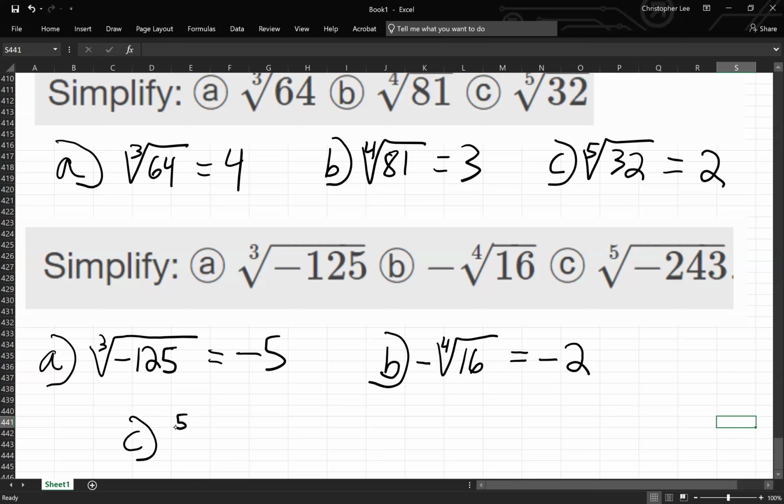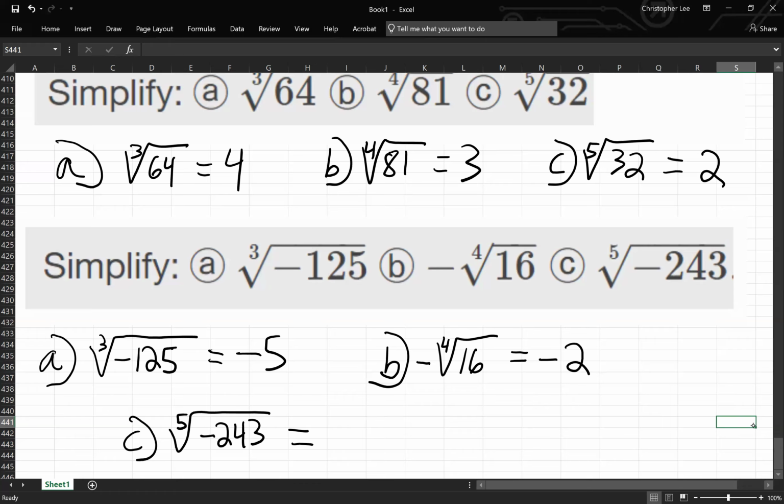All right. How about C? Not too bad. I have the fifth root of negative 243. What's the answer? Hmm, that's interesting. 243, yeah.